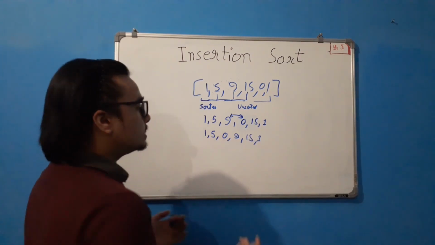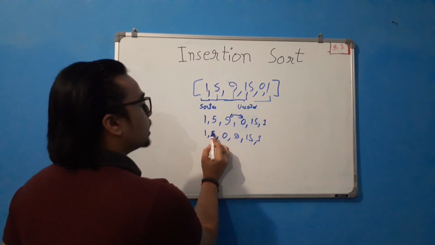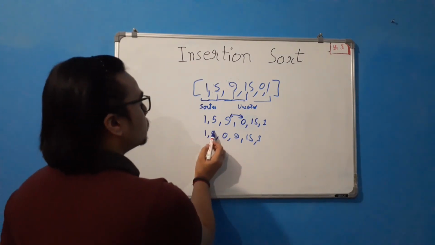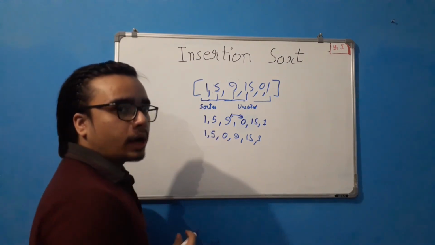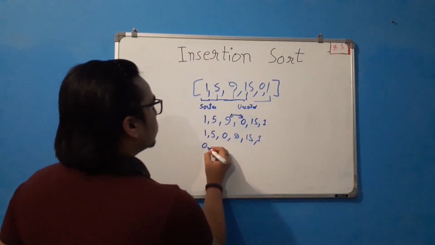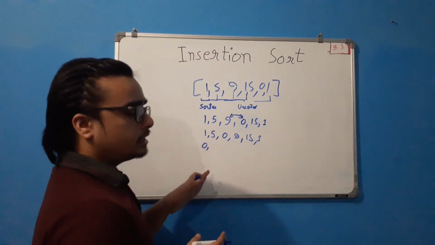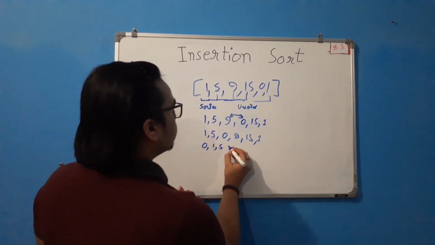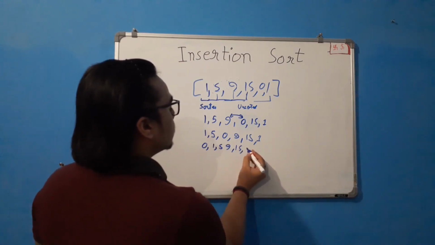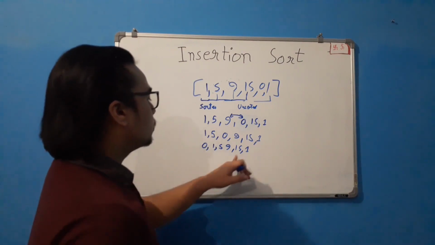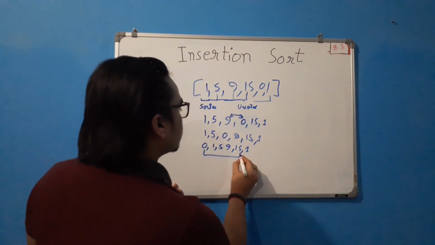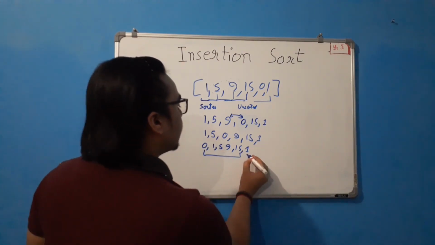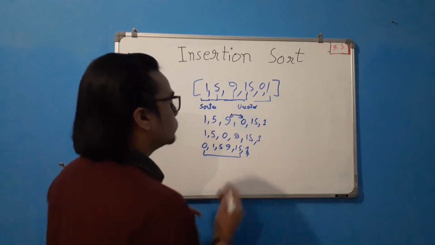Once again the 0 will be compared with 5, and then 0 will be compared with 1. So 0 will come to the very first position of the list, and then 1, 5, 9, 15 and 1.